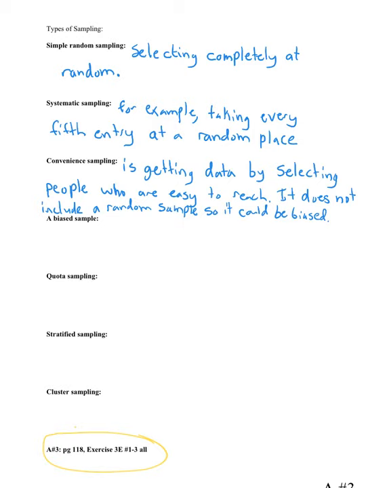Okay. All right, and then a biased sample is just simply a sample that is not random. So anytime I'm doing convenience sampling, it's a biased sample.